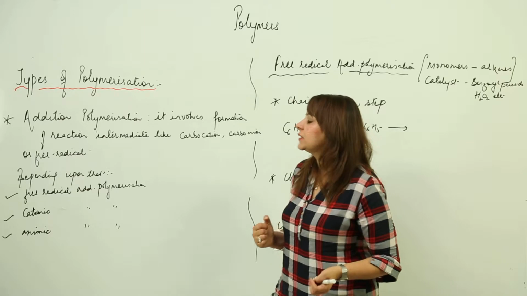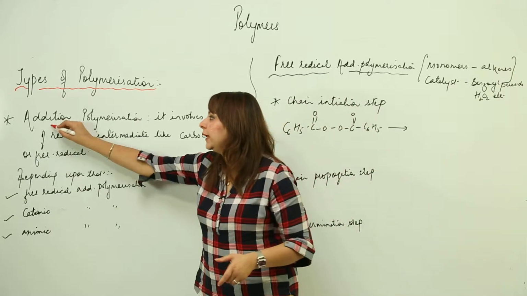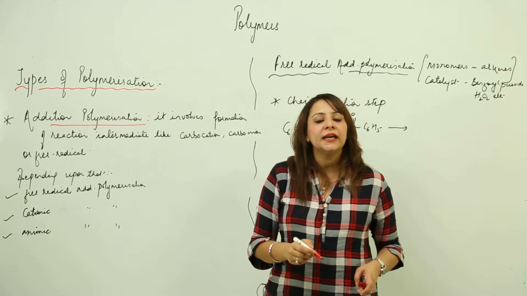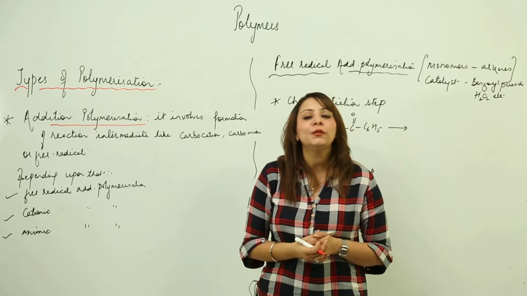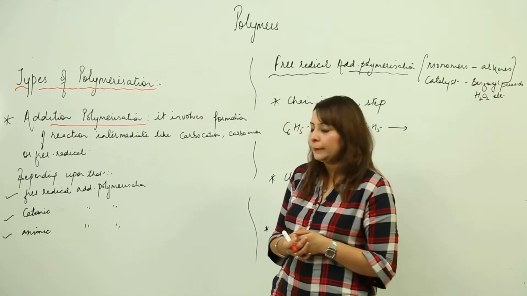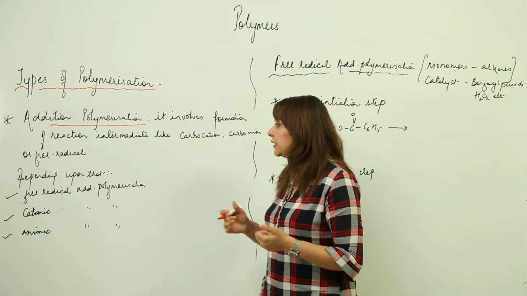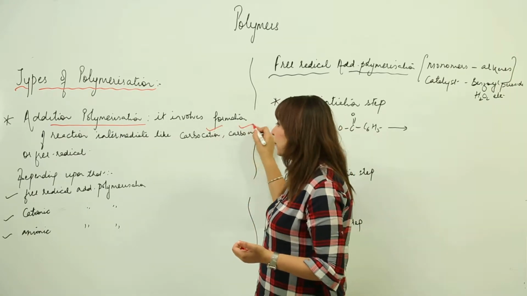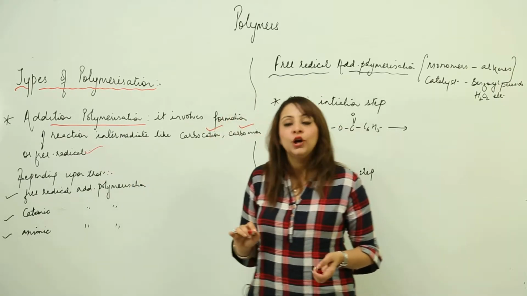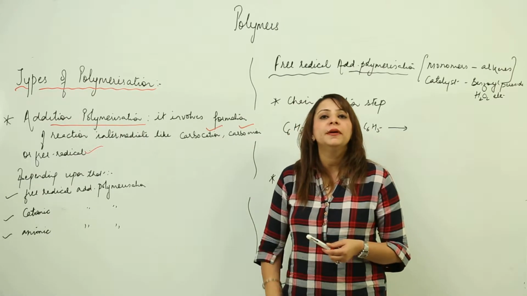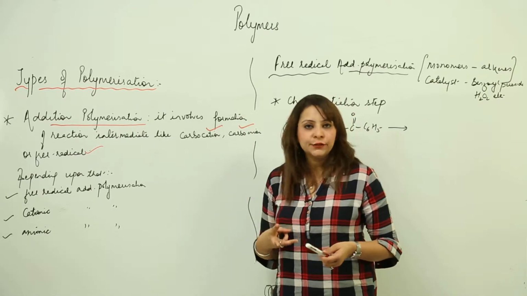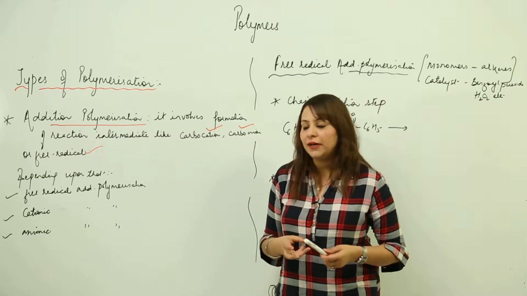We have seen that whenever addition polymerization takes place, there is a mechanism involved in which an intermediate is formed. The intermediate formed can be a free radical, carbocation or a carbanion. Depending upon that, we have three kinds of mechanism involved in addition polymerization.